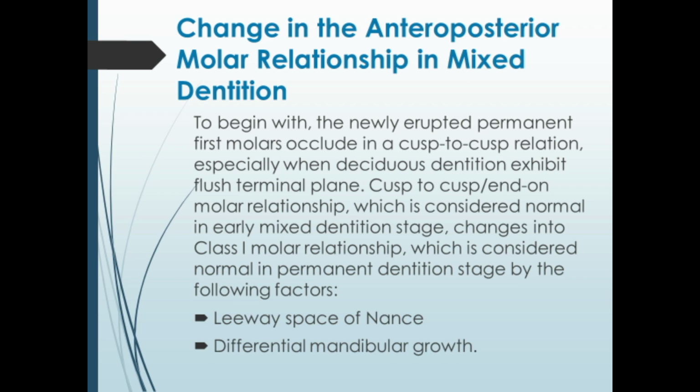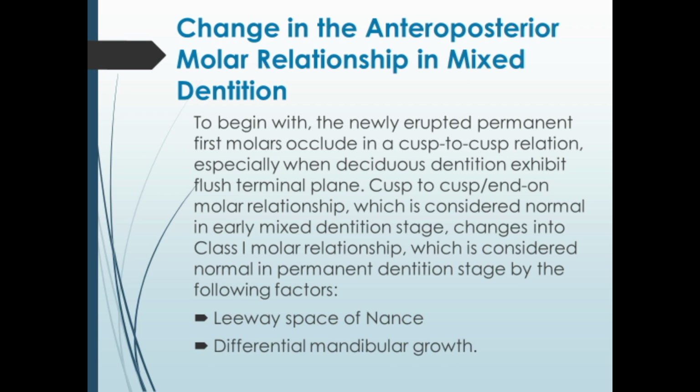Cusp-to-cusp or end-on molar relationship, which is considered normal in early mixed dentition stage, changes into class I molar relationship, which is considered normal in permanent dentition stage, by the following factors: leeway space of Nance, differential mandibular growth.